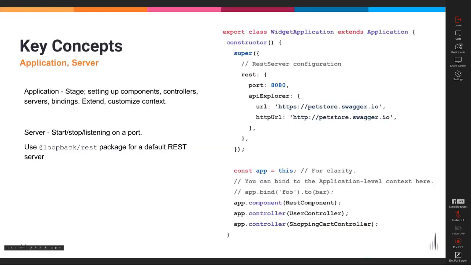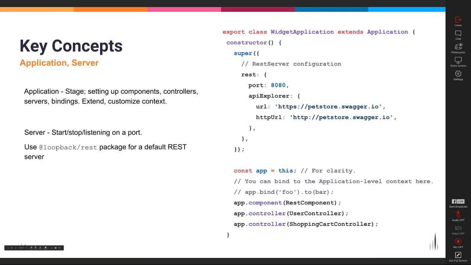Right, so the application, like I said, is the stage. This is where we set everything up. We're basically extending the context in our own way by doing all of these bindings there. Related to that is the server. It's really just going to be starting and stopping and listening on a port and handling that information.